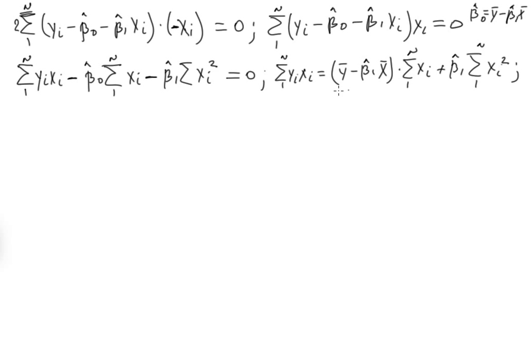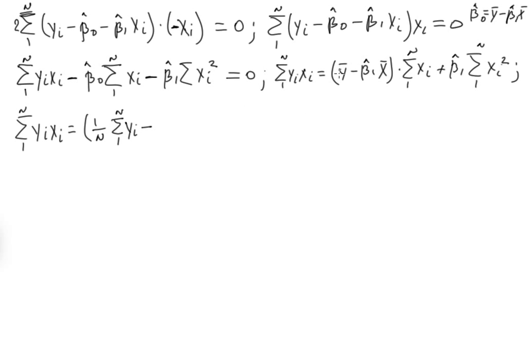Now let's work with this side. Here I need to do some simplification. y bar is 1 over n times the sum of y's, and x bar in a similar way is 1 over n times the sum of xi's. So the result would be the sum of yi xi equals 1 over n times the sum of y's.